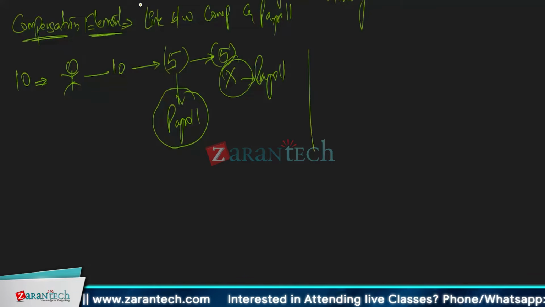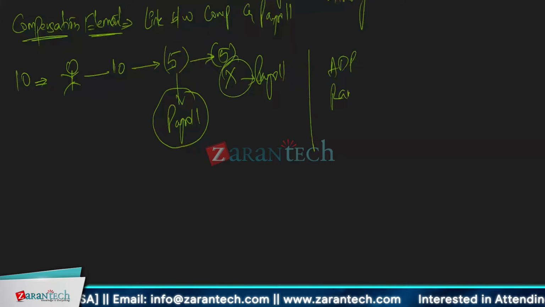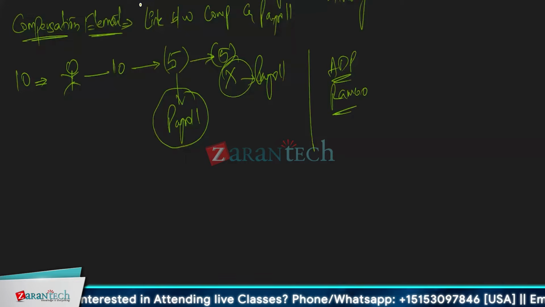Additionally, most Workday customers use third-party payroll systems like ADP payroll or Ramco payroll. There are a lot of payroll processing companies, and a lot of Workday customers use them for processing their payroll.